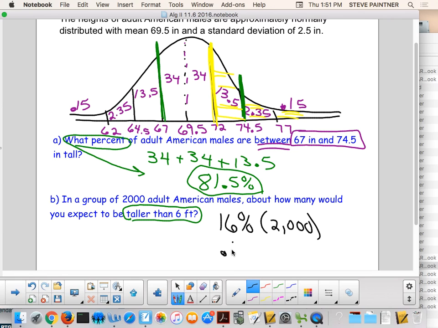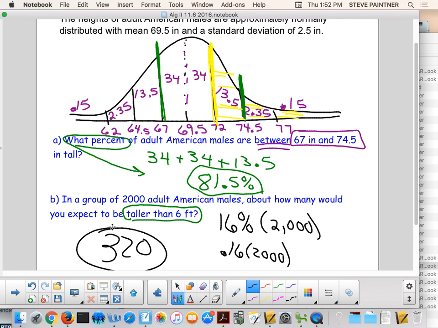What's the answer? 320 adults. Adult male. Yep. And American, by the way, because if you said the Chinese population, 6 feet and taller, I don't think we're talking 16%.